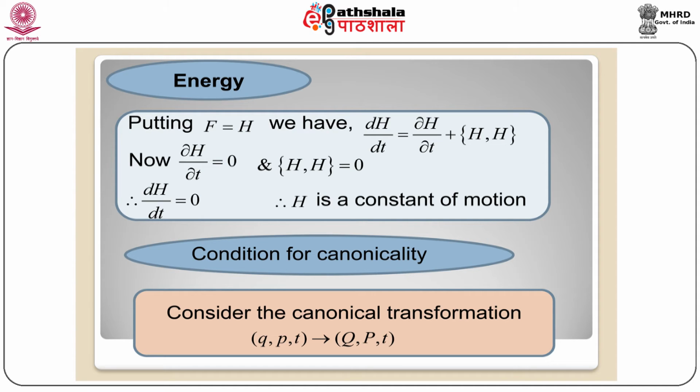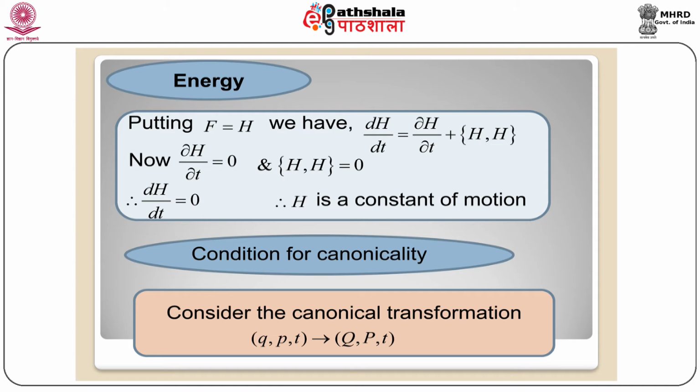Moreover, from the property of Poisson brackets, the Poisson bracket of H with H vanishes. Hence, dH/dt equal to 0. This proves that the Hamiltonian H is a constant of motion if it is time independent.